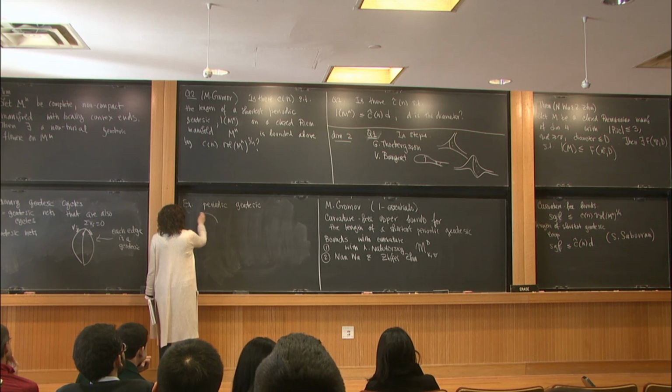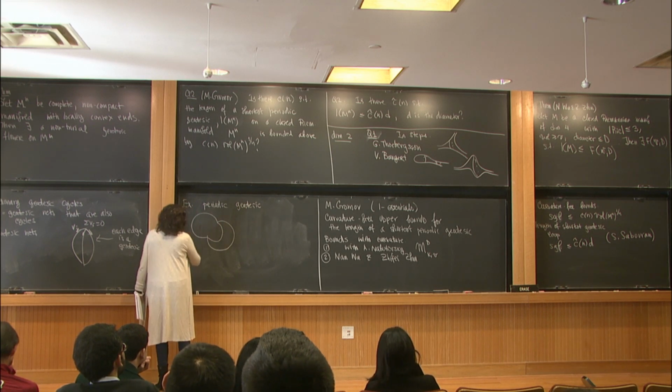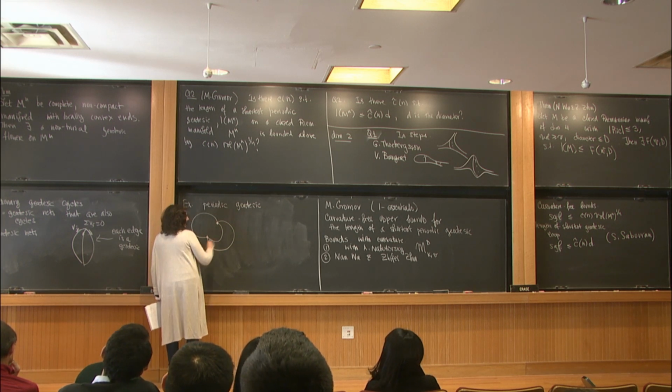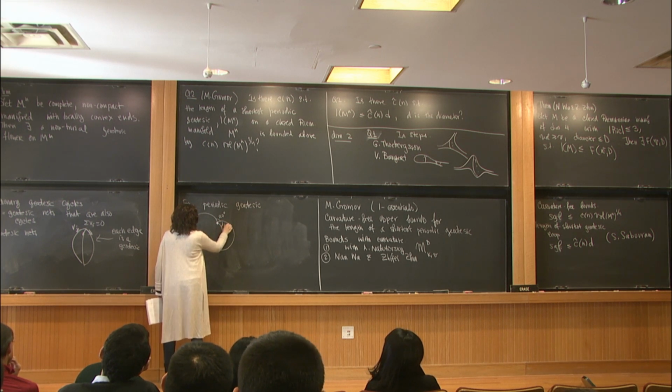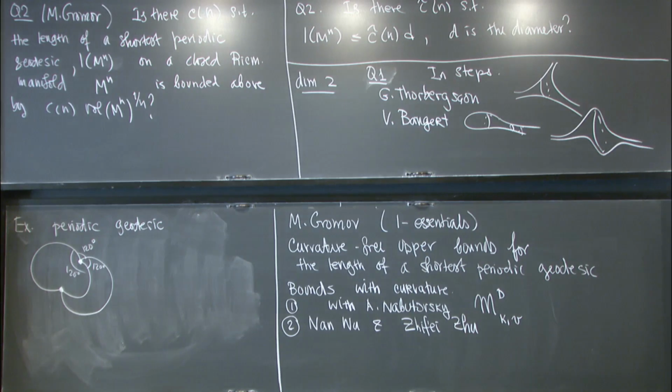As an example, one can consider a theta graph on a sphere. You have 3 geodesics that join 2 vertices, and they make angles of 120 degrees. So this is also an example of a geodesic net that is not a periodic geodesic.